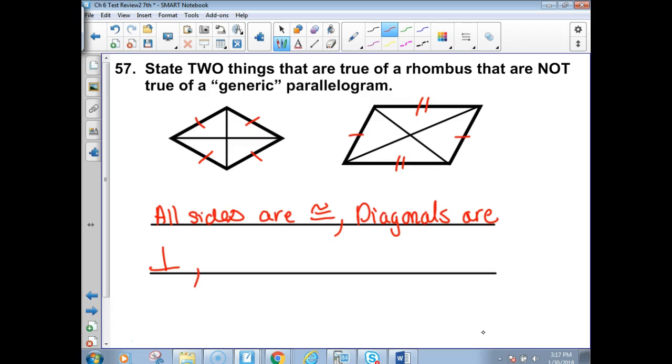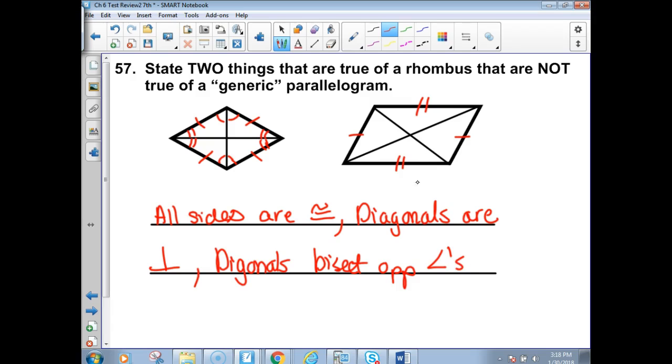Do you remember what happens here and here, and here and here? The diagonals do what? If I heard it, they bisect opposite angles. So in this figure, those angles are congruent, and these are congruent to one another.